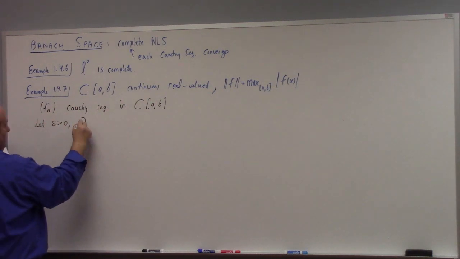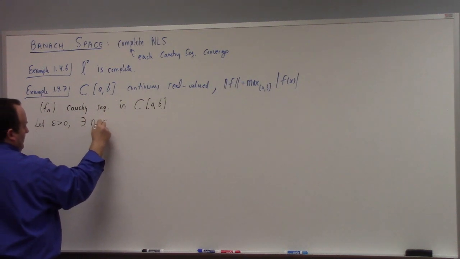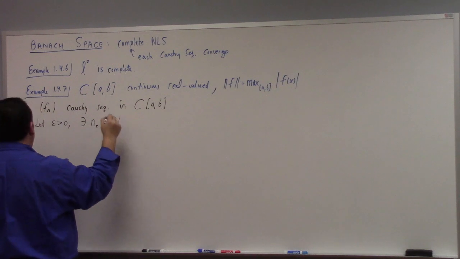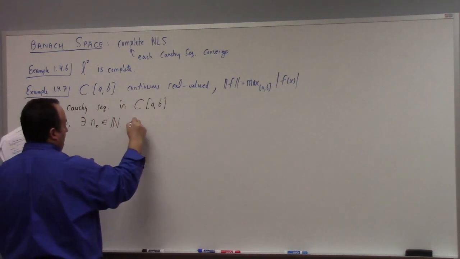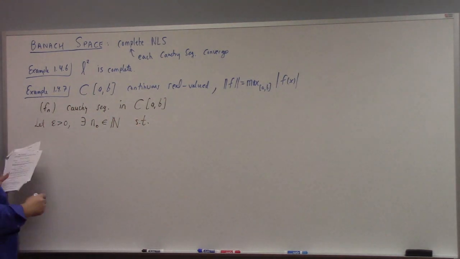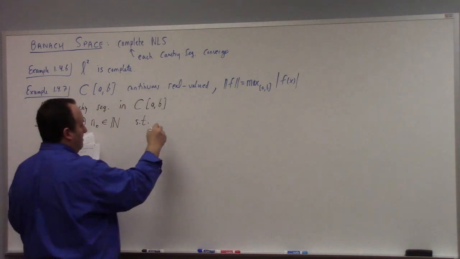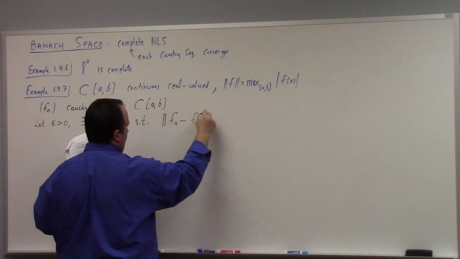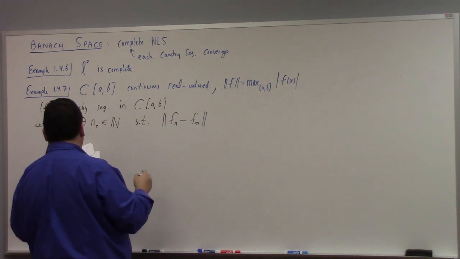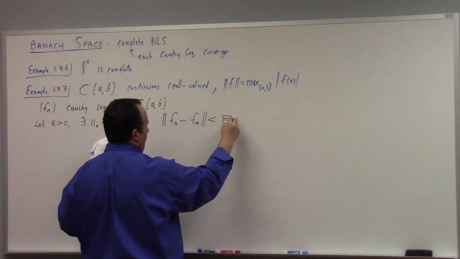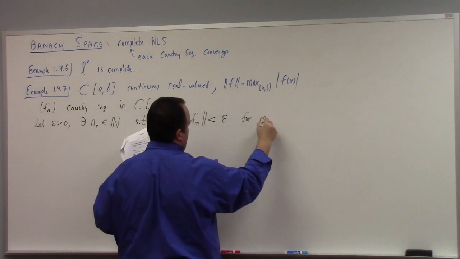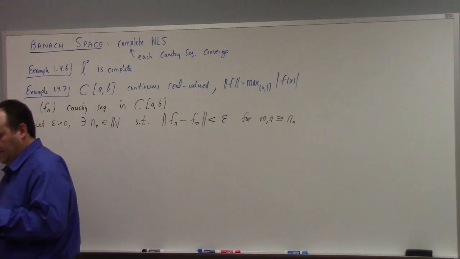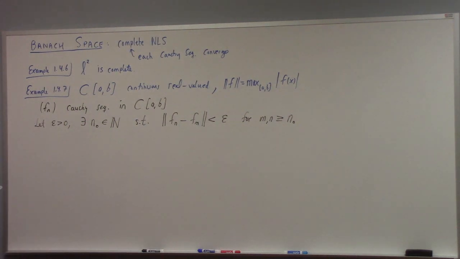There exists n_0, you could say a natural number, n_0 in the natural numbers, such that the norm of f_n minus f_m is less than epsilon for m and n greater than or equal to n_0, right? So this is just the definition of Cauchy sequence, all right?